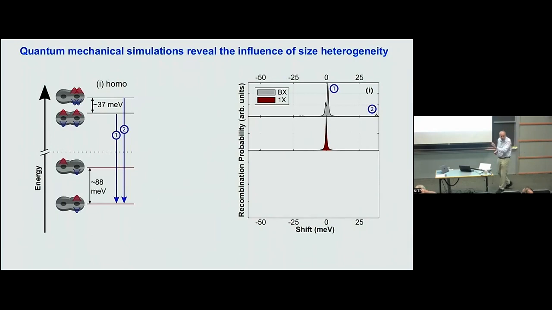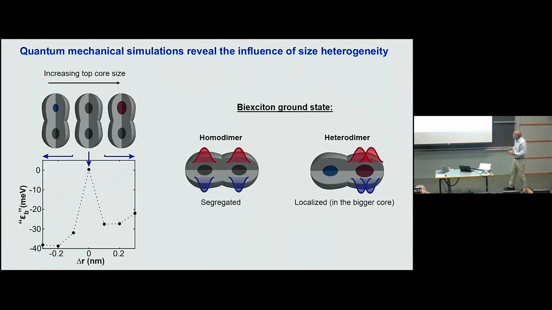How does this work out with our result? If you just change a little bit in the calculation the radius of the core, these are 0.1 nanometer, 1 angstrom. It's less than what we can do experimentally. A layer is 3 angstrom. Then you already have the effect of a heterodimer, so to speak, in this energy scale.